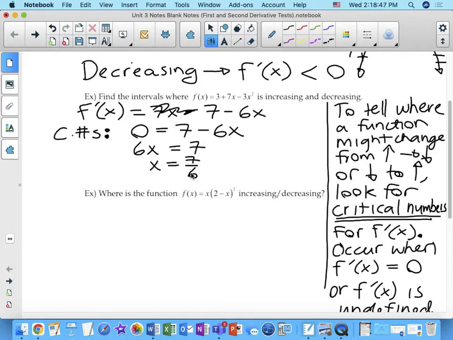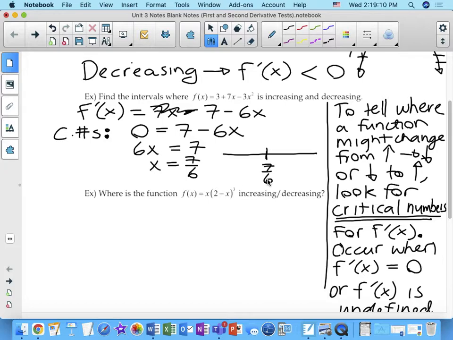Okay, so essentially, if this is our number line, here's 7 over 6. What we want to know is what happens on either side of that to f prime of x in terms of its sign.